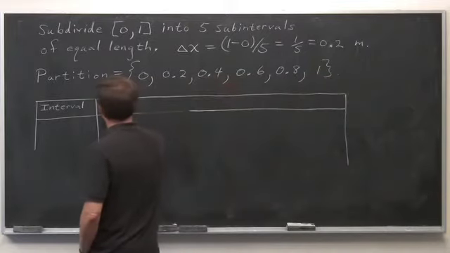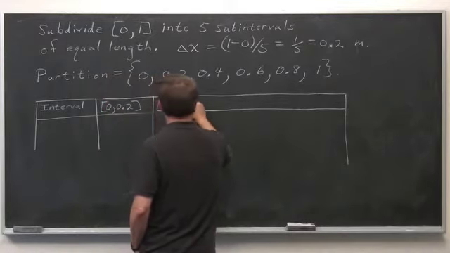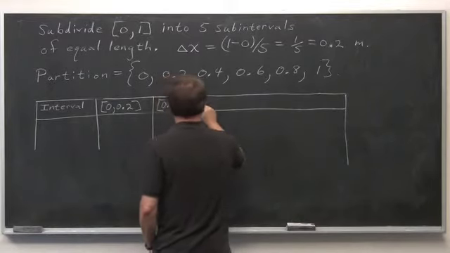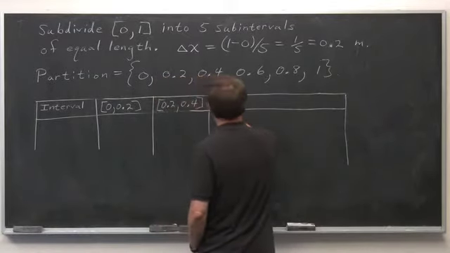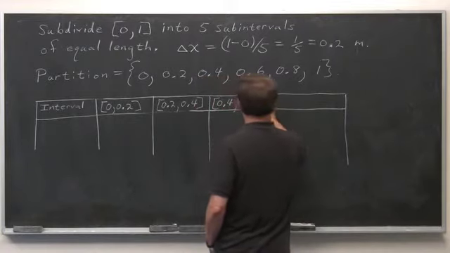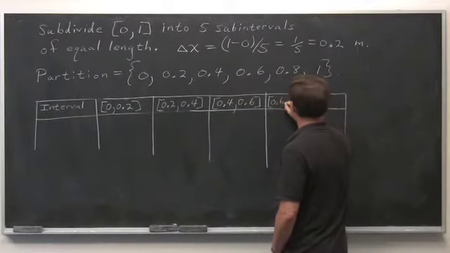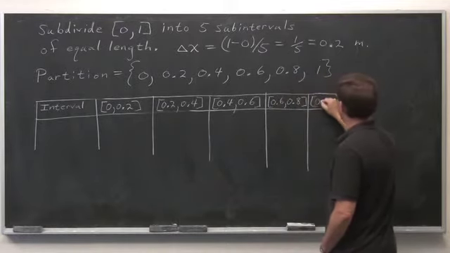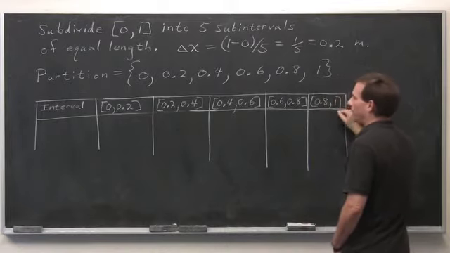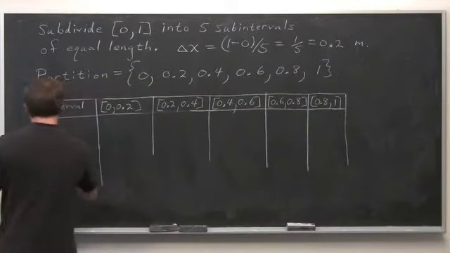We'll have 0 to 0.2, 0.2 to 0.4, 0.4 to 0.6, 0.6 to 0.8, and 0.8 to 1. So those are the subintervals of our partition. We need sample points.